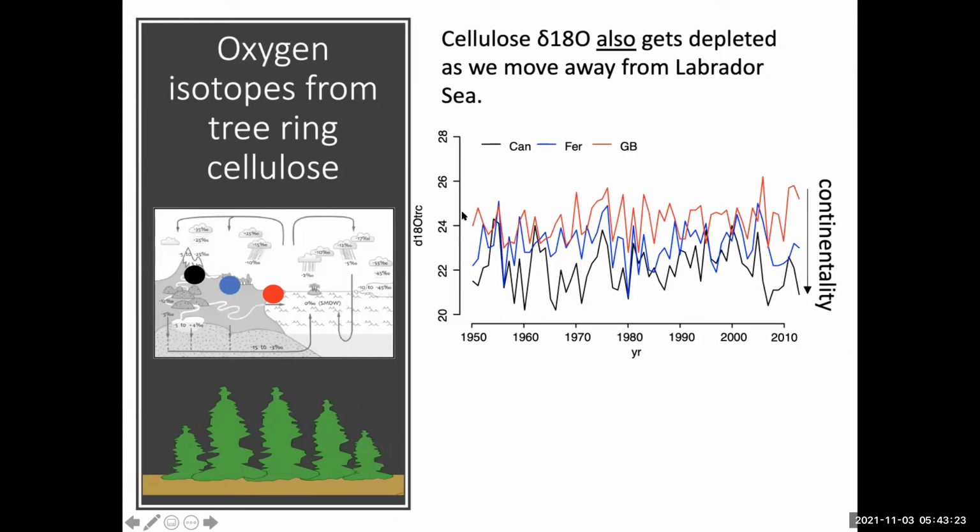We get cellulose, part of the wood, that is heavier in Goose Bay, and that gets lighter as we move inland in Kanievsko. So the more you're inland, the more depleted in stable isotopes from oxygen you get.